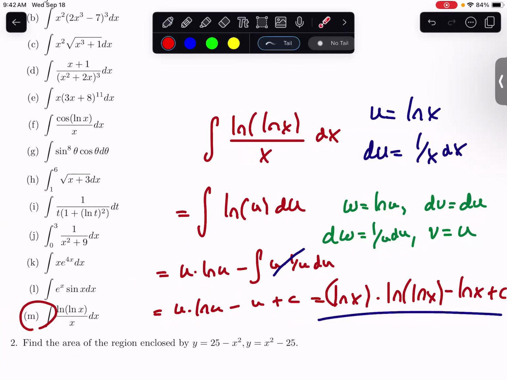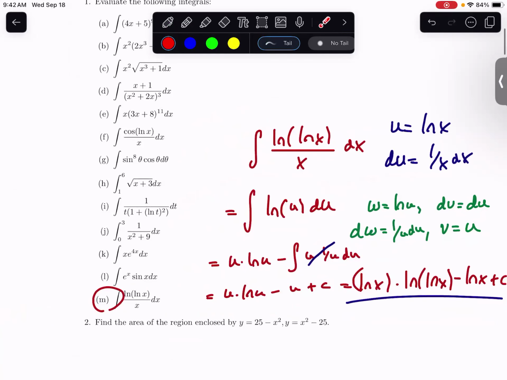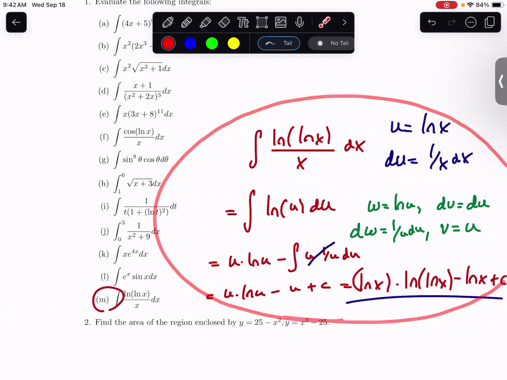So this one is kind of a combination. It helps to do u substitution first. After doing u substitution, you end up getting the following integral. And then to compute this integral, you want to use integration by parts. Okay, any questions about this integral?